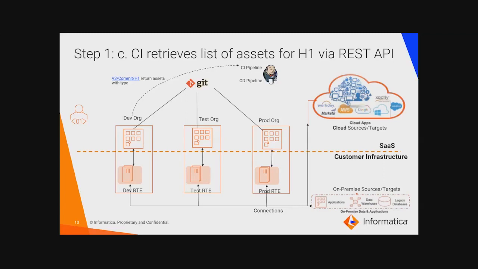Suppose the developer commits a mapping task and a task flow, along with, say, two mapping tasks. All these objects will be returned as a list, including the IDs, app context IDs, and details like the project and object type. Everything will be returned back to the CI process.